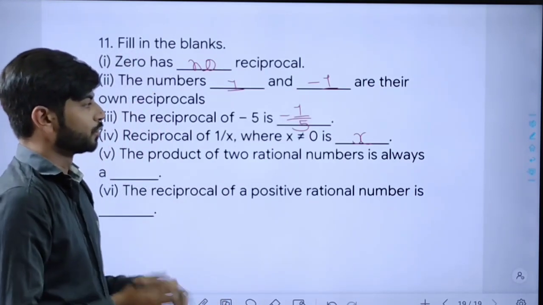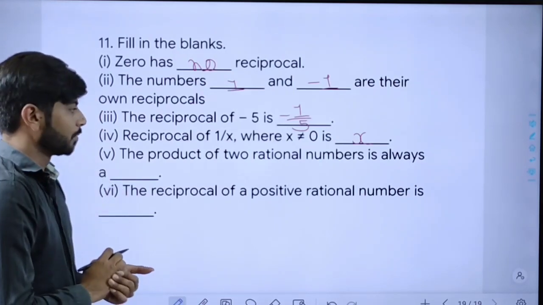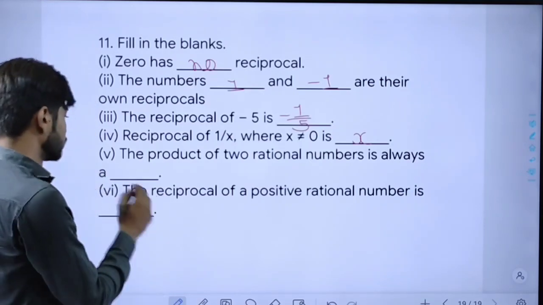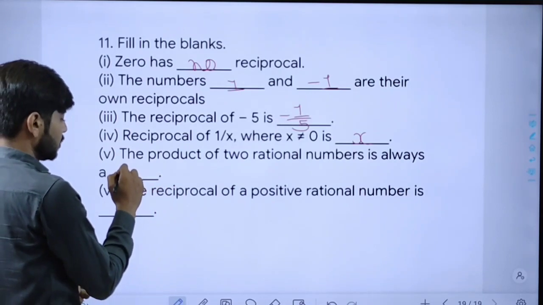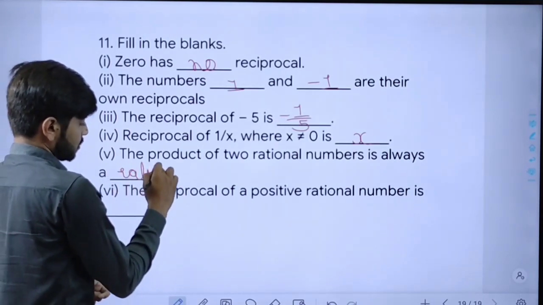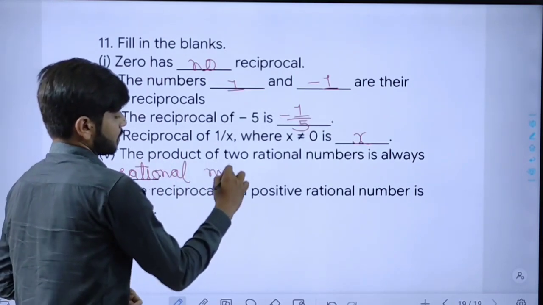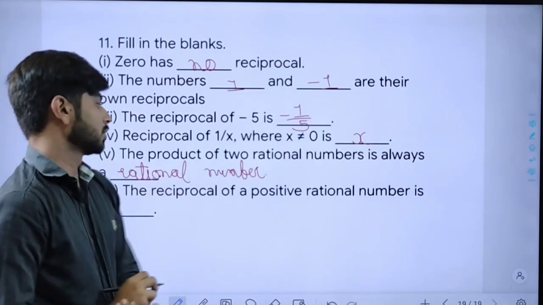We have seen in the closure property, if we multiply two rational numbers, we always get a rational number. So the product of two rational numbers is always a rational number.